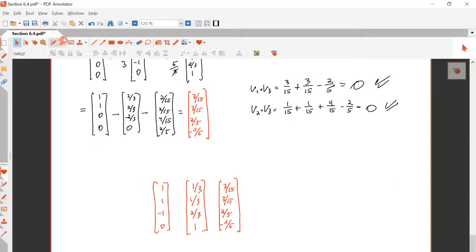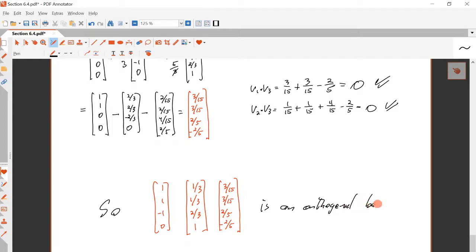All right, so this is an orthogonal basis for W.